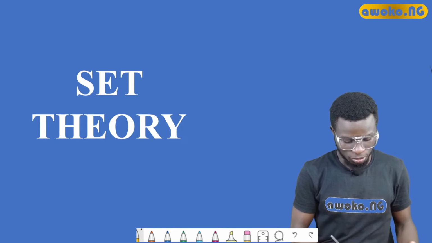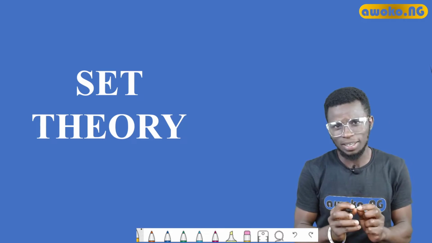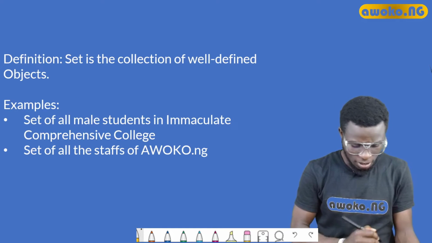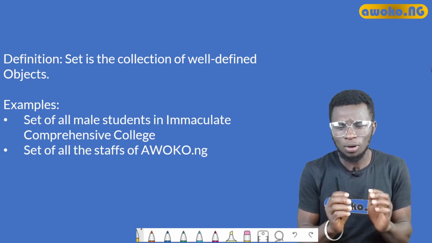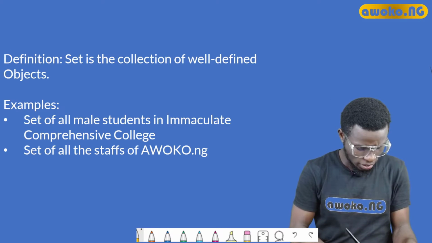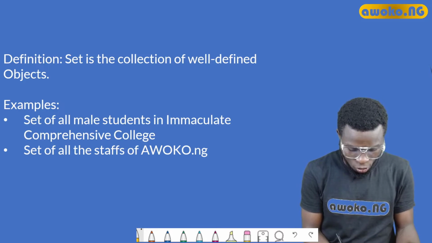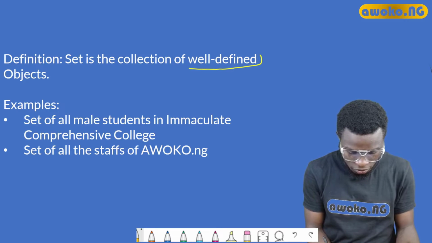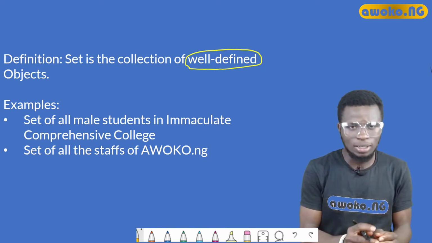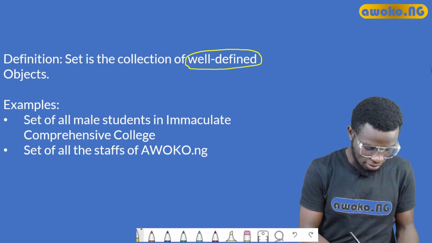Set theory. But before we go deeper into what a set is, let us take a little while to give some basic definitions about sets. We said a set is a collection of well-defined objects, and I want you to place emphasis on the fact that a set is a collection of well-defined objects, that is, the components that make up a set, which are called elements.